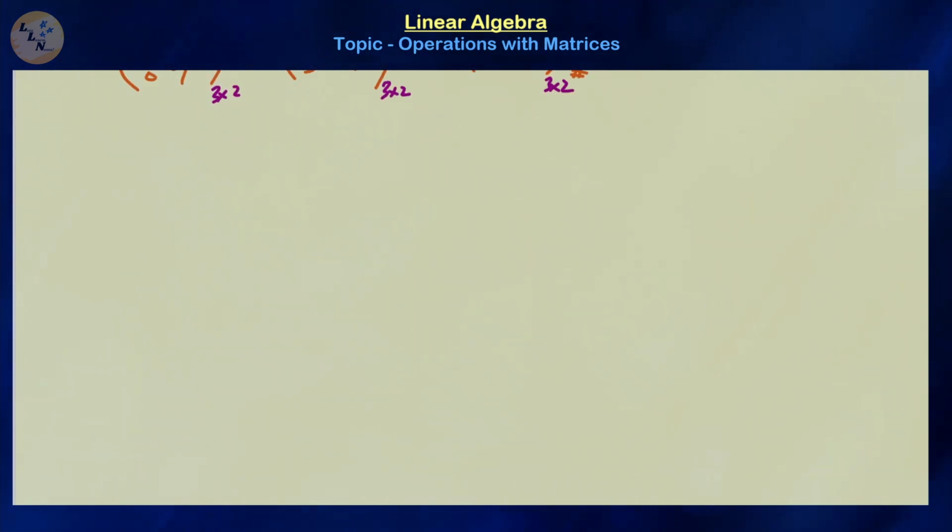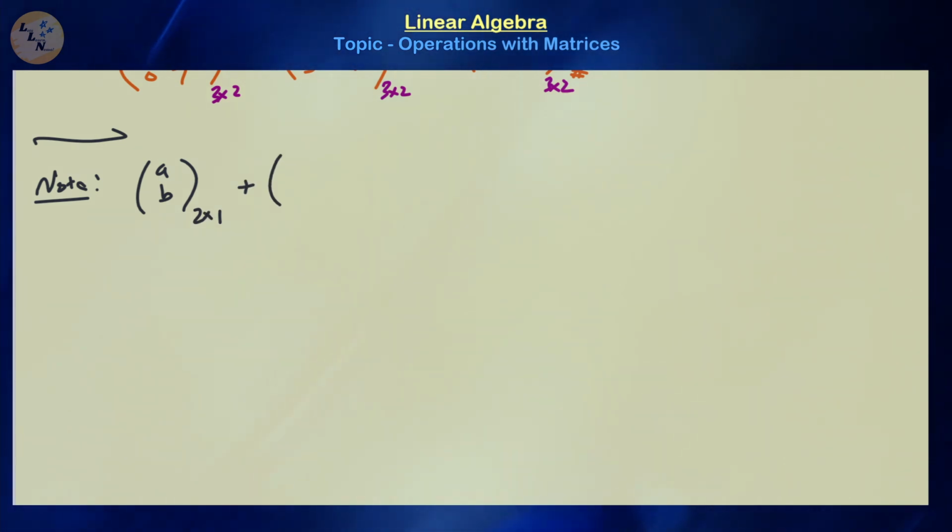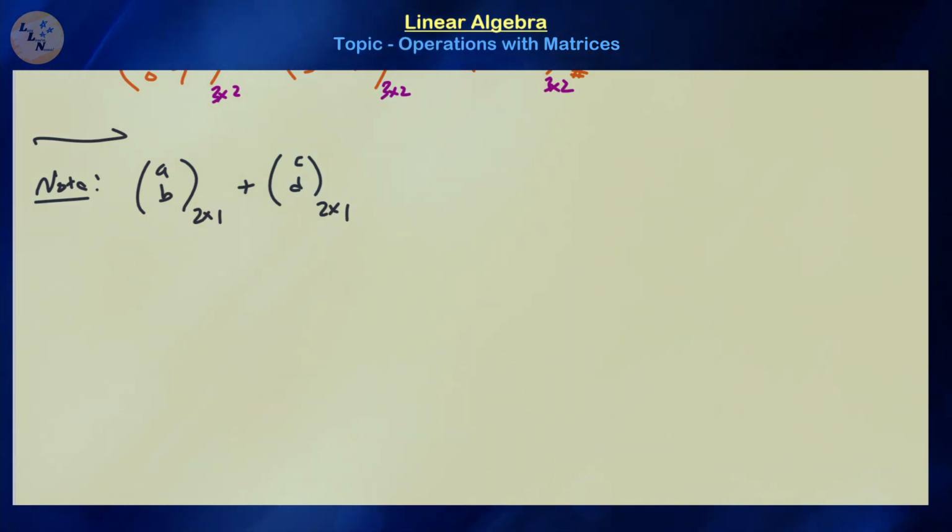Now I just want to make one subtle point clear because I have seen a lot of people confuse these. Let's assume I have a little vector, a 2 by 1 vector, A, B, and I add to it another vector C, D, also a 2 by 1 vector. Remember that when you add matrices, you get another matrix of the same exact size.